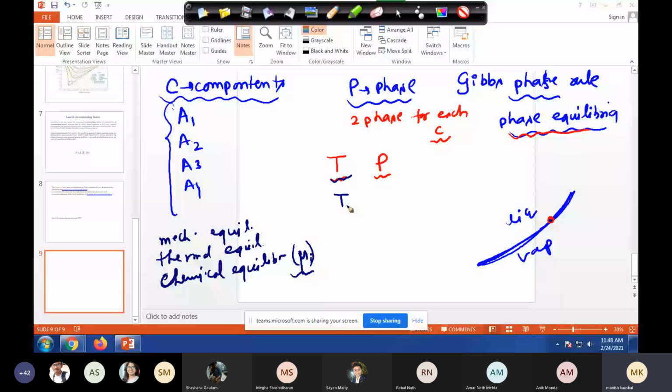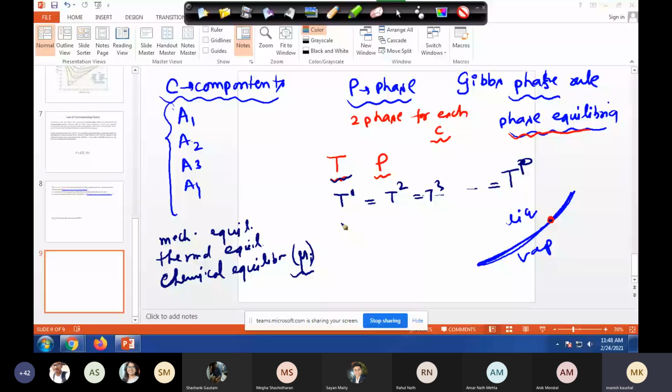So superscript is for phase. Okay. T1, T2, T3. Let's say P phases. How many phases here? We have 2 by the way, right? I'm generalizing it. Let's say we have P phases. What else do we have? Mechanical equilibrium. What will we write? Anyone?